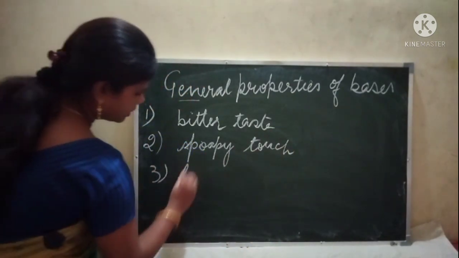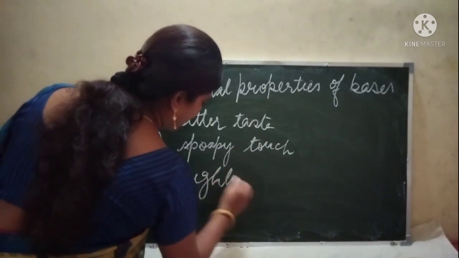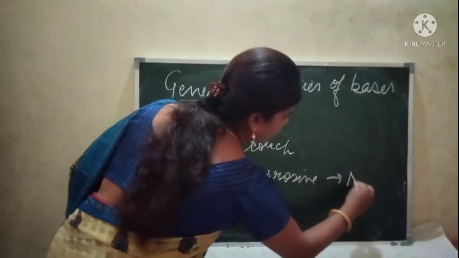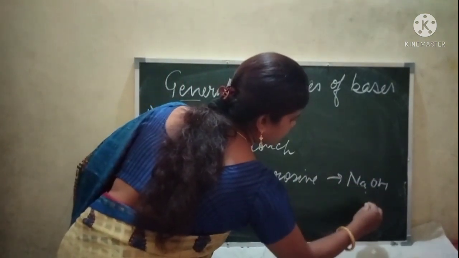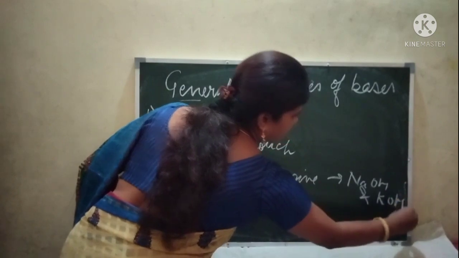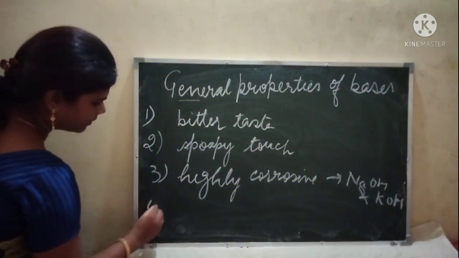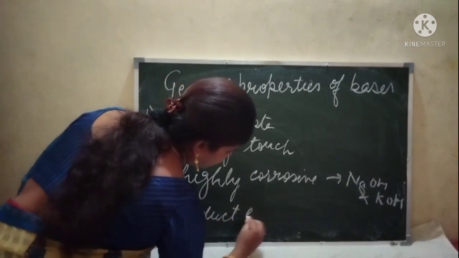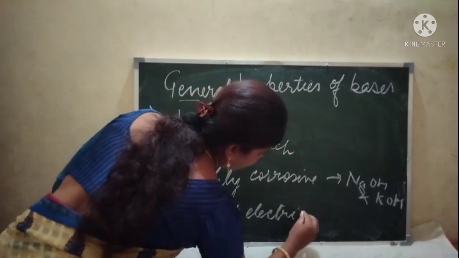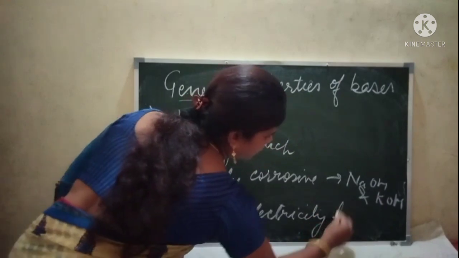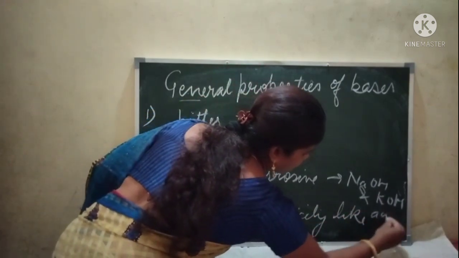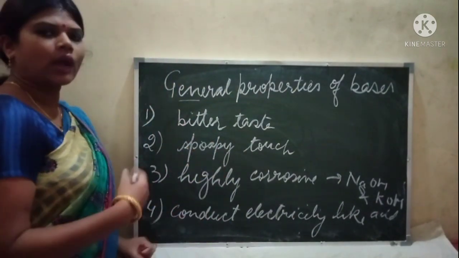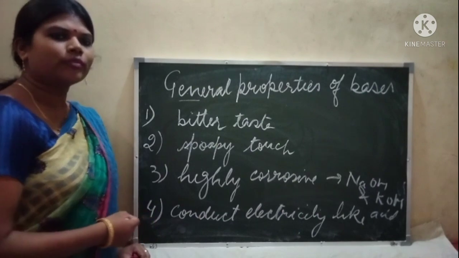Then it is highly corrosive, like NaOH and KOH. Then it can conduct electricity like acid. So these are the general properties of base.